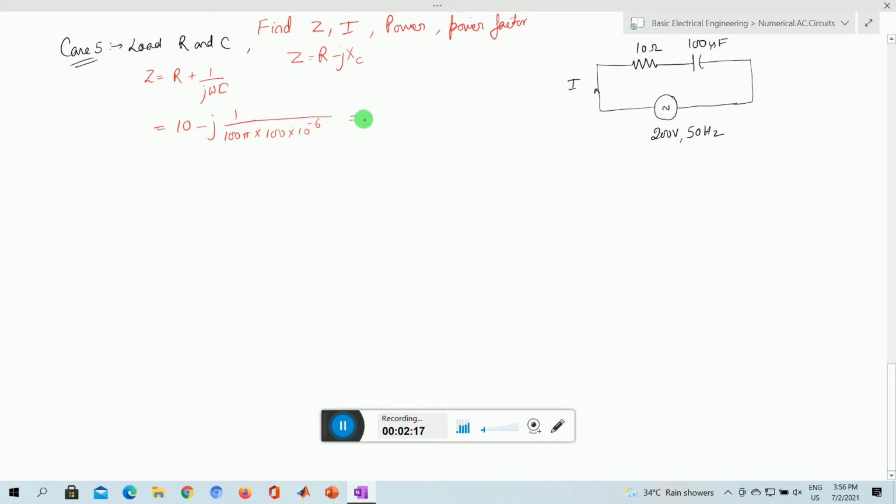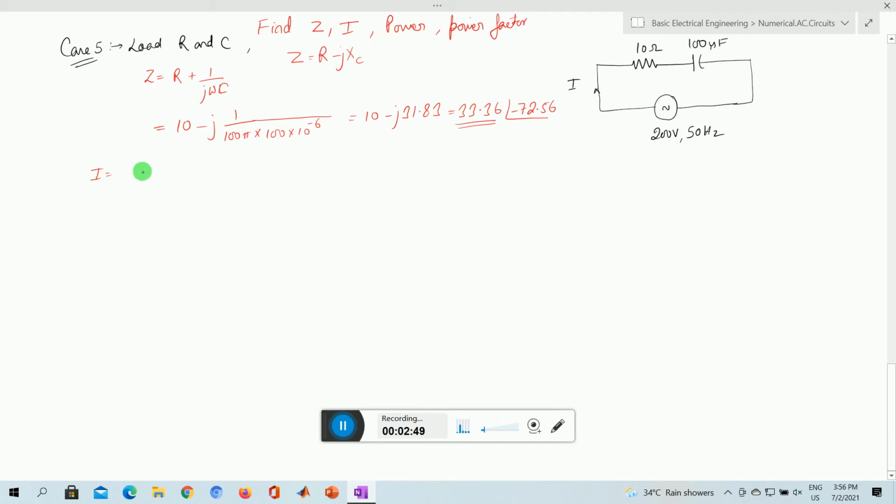If we calculate, it comes out to be 10 minus j 31.83 in the rectangular form. We can write in the polar form as 33.36 angle minus 72.56. So we get the value of the impedance Z.